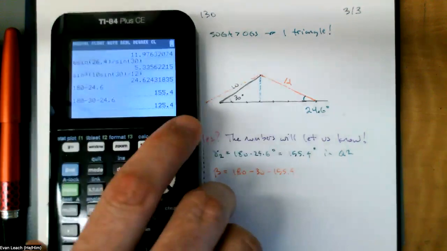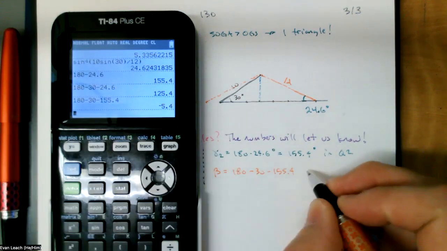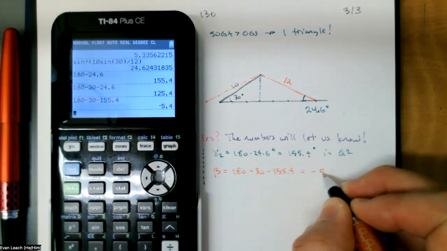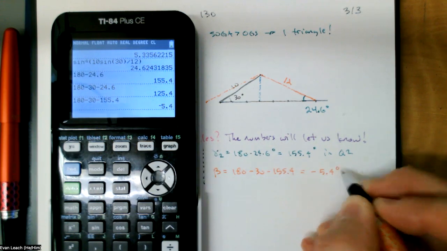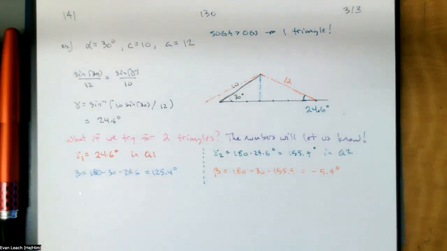We cannot find a third angle. That would be a negative 5.4 degree angle. So if we didn't notice that the side opposite the given angle was greater than the other given side, resulting in one triangle, and we tried to find that second angle, we'd have to draw a negative 5.4 degree angle. So that's not going to be a triangle.